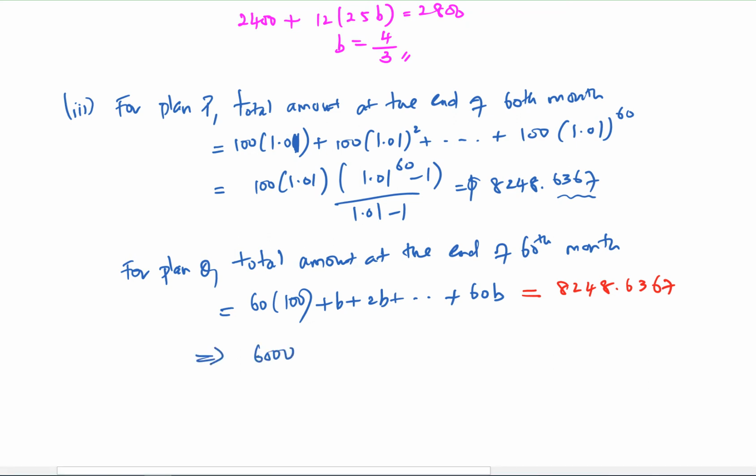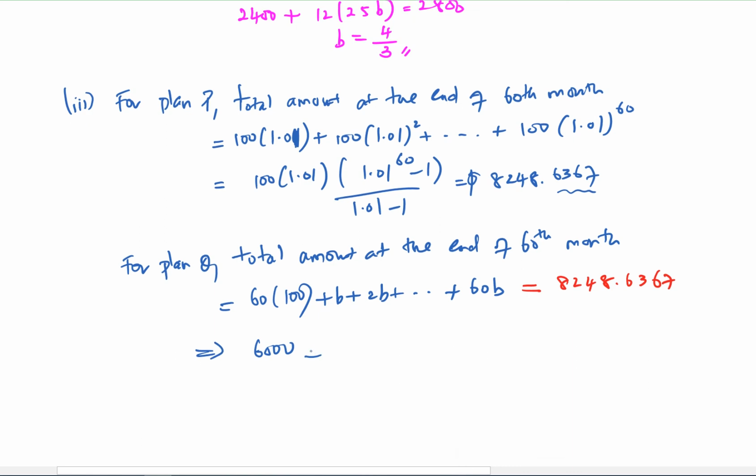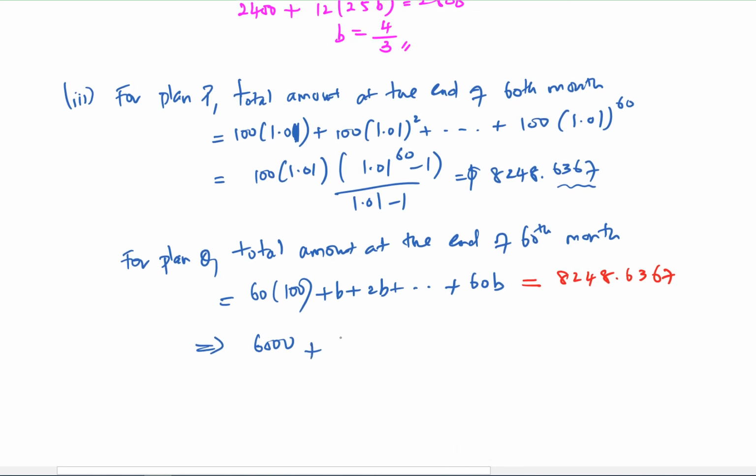It implies 6,000 plus, in this case we have 60 terms, so I'm going to use n over 2, first term plus last term. So 60 over 2, B plus 60B, first term plus last term, equals 8248.6367.